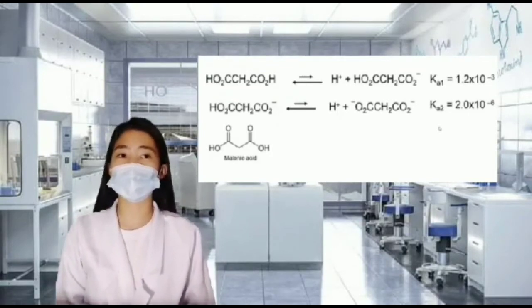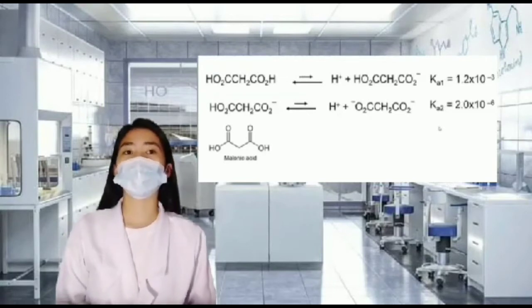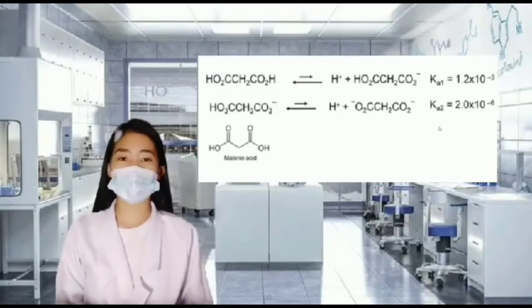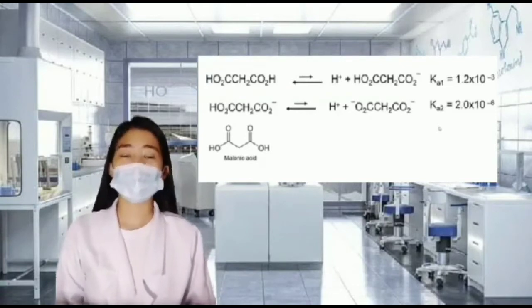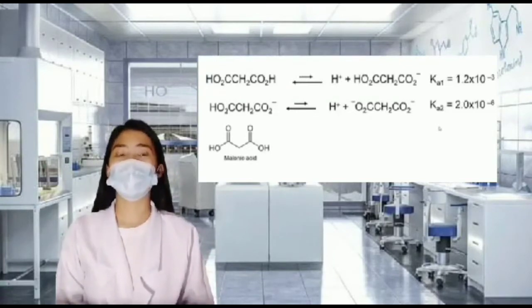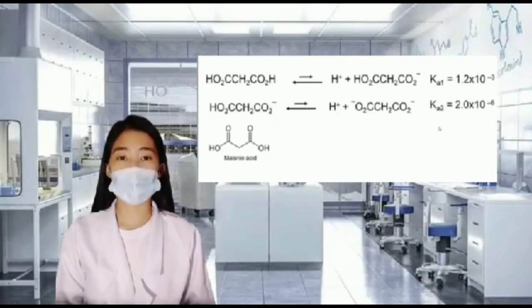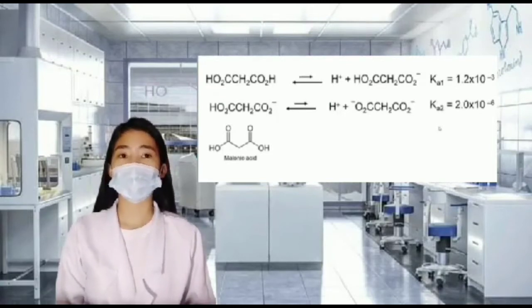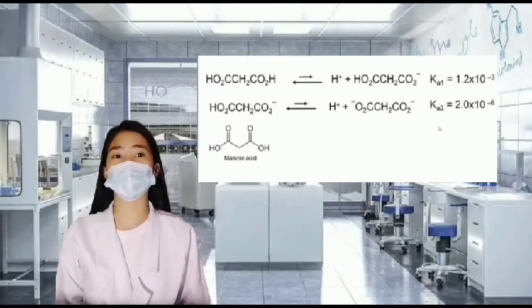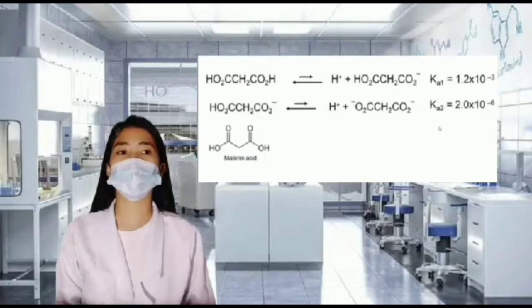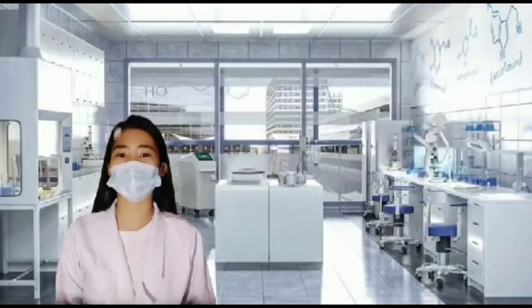Then it is the conjugate base from the first step that can release a second proton in the water. Ka1 is equal to 1.2 times 10 to the power of negative 3, and Ka2 is equal to 2.0 times 10 to the power of negative 6, which is much smaller than Ka1.